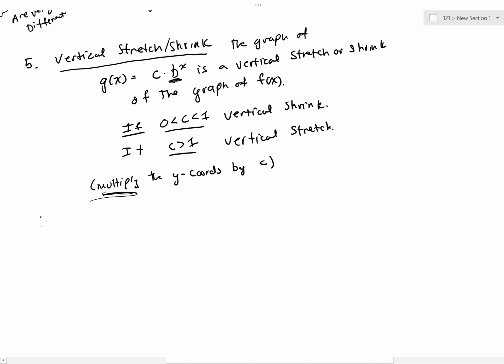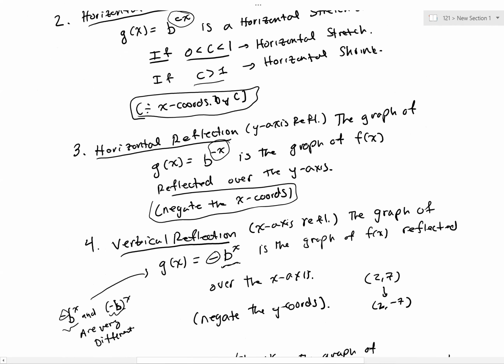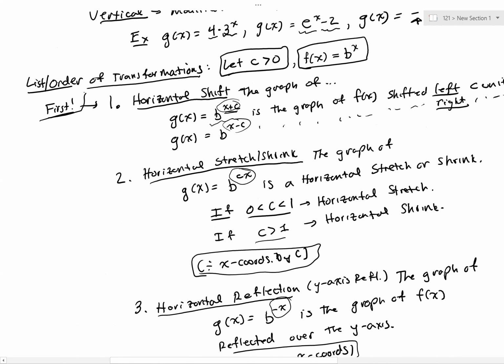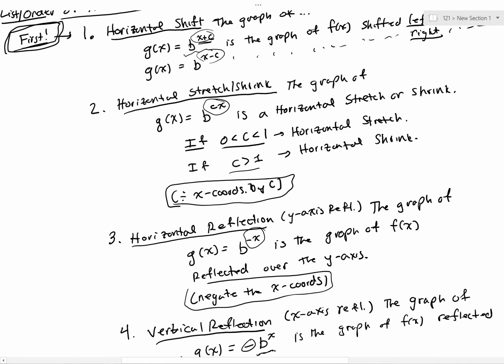Finally, we have one more transformation. That is the vertical shift. So let me remind you, going back to the original, the first transformation, you must do horizontal shifts first. All of the other stuff, the stretching, shrinking, dilating, reflecting, that can be done in any order.